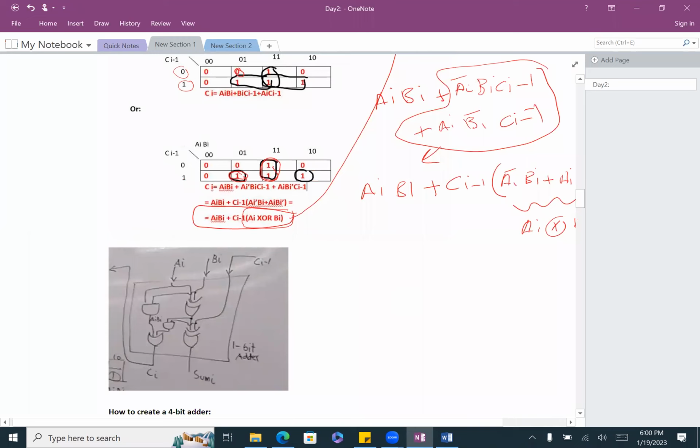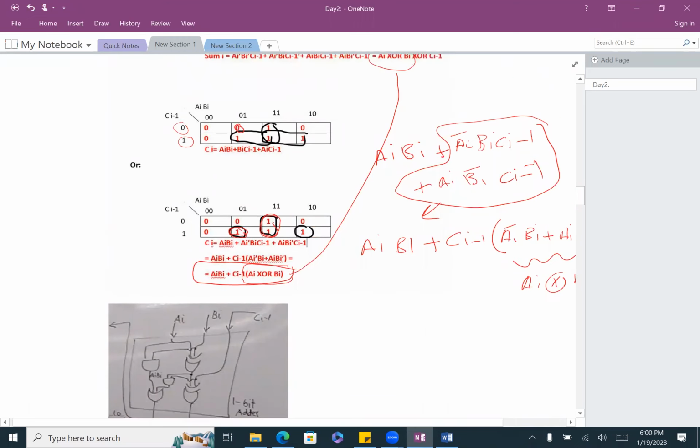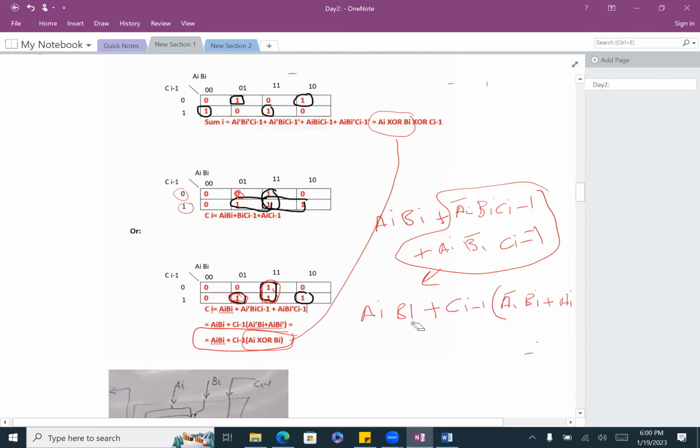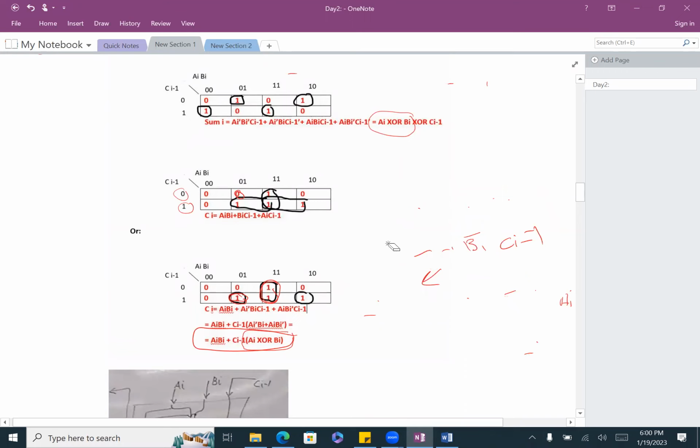All right, let me draw that here first, without looking at the circuit we have there. Let's do the sum first. That's the equation for the sum, right? So how many XORs do we need? 2. And we need 2 levels because we have to wait.